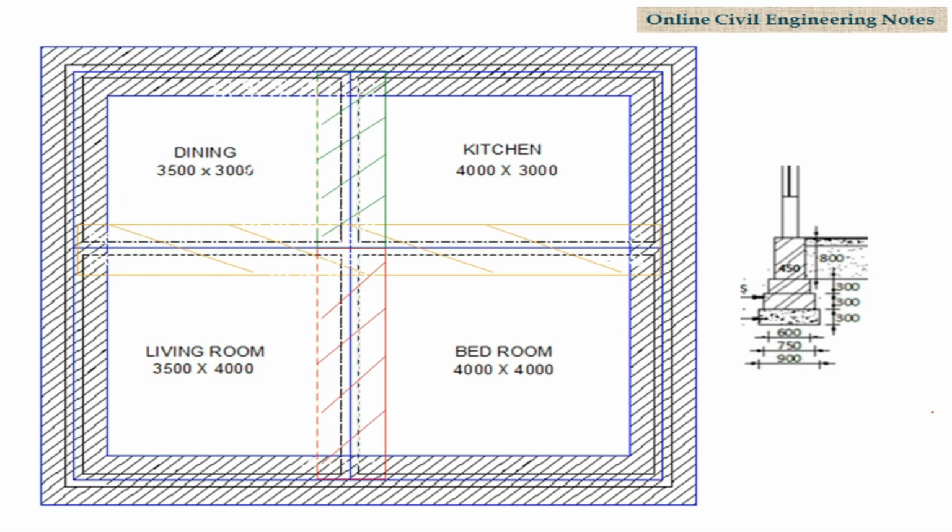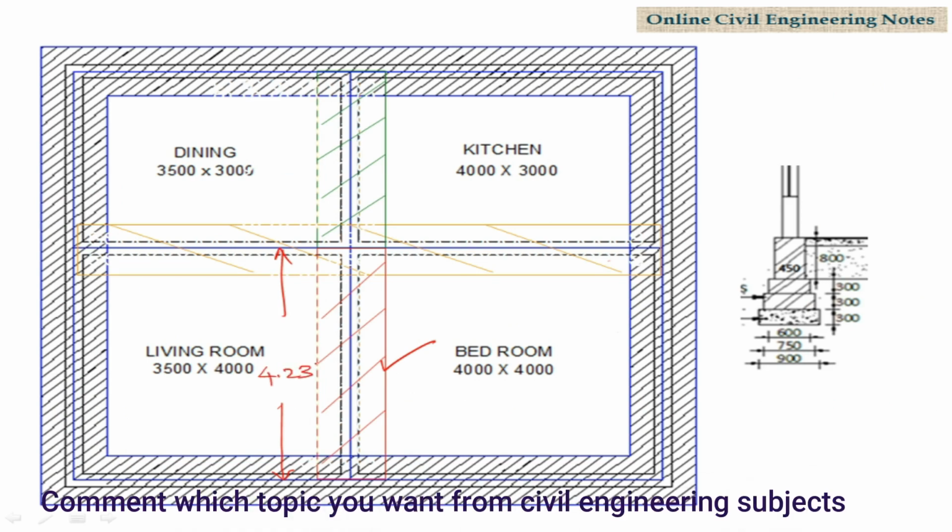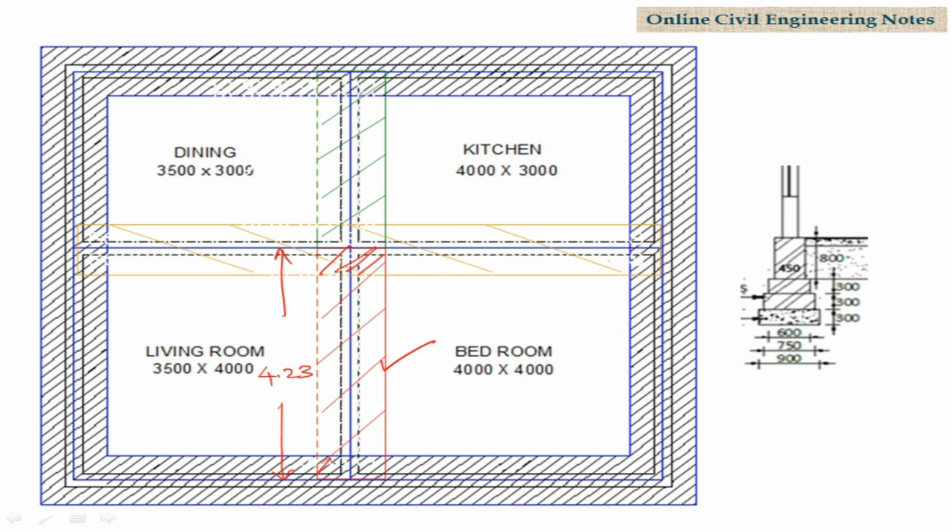The last portion is shown here in the red color. The center to center length here is 4.23 meters, but we have to deduct this portion quantity. So the length is 4.23 minus 0.45 by 2 minus 0.45 by 2. Length to be considered is 3.78 meters.